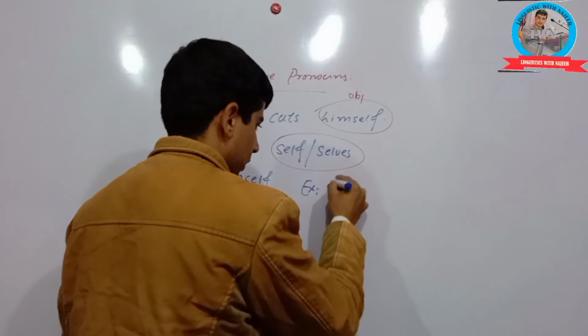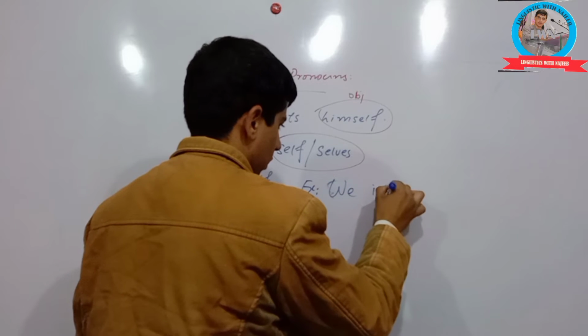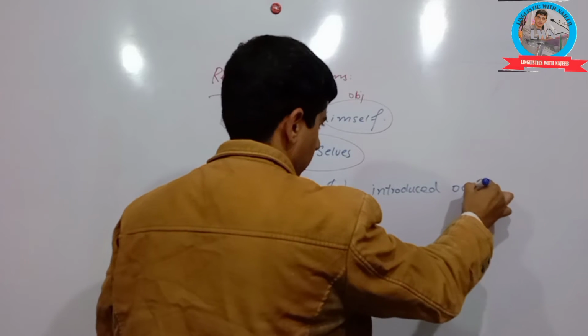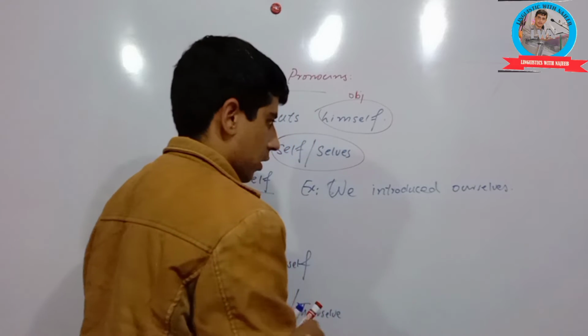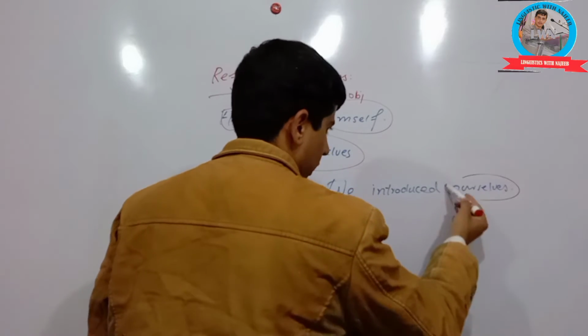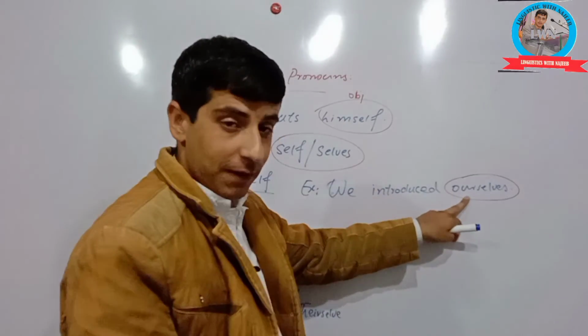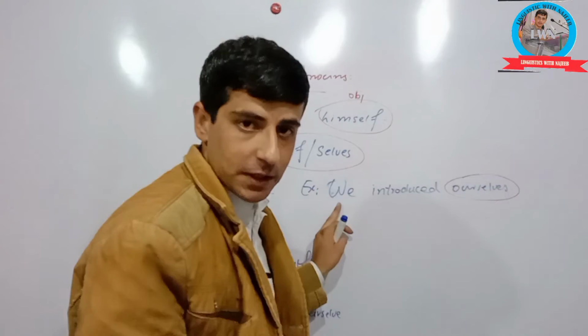For example, we introduced ourselves. So right here, this ourselves is called the possessive adjective case. Sorry, it's called the reflexive pronoun because it refers back to the subject.